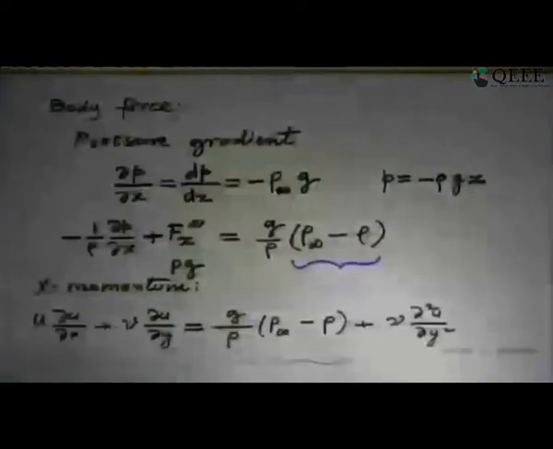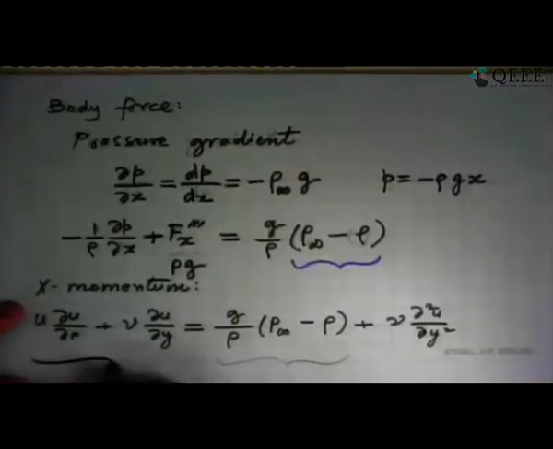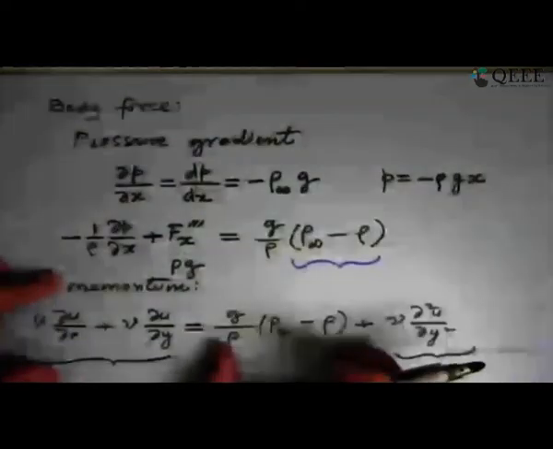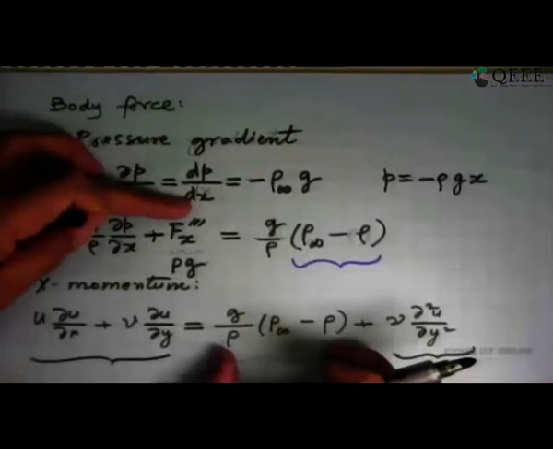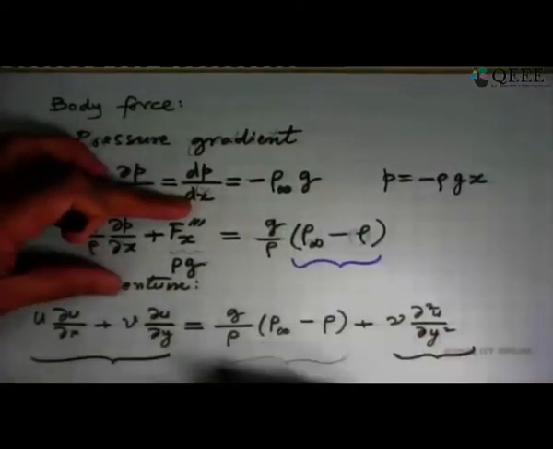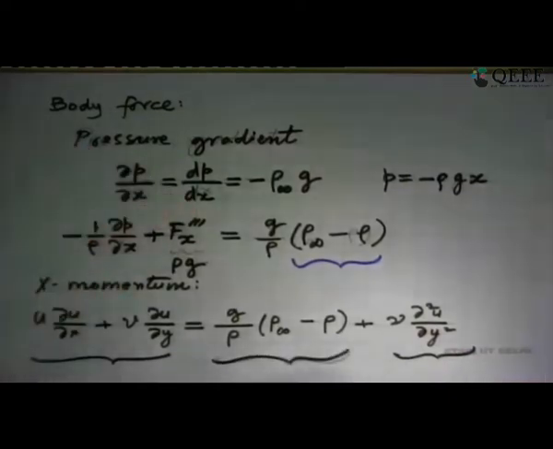And so if we now substitute it back into the x momentum equation, we have the left part, which is exactly the same, nothing has changed here. This part has not changed, but we have now put this term in place of these two terms. So this is equal to G/rho times (rho infinity minus rho), and this is the important thing that has come into this equation.